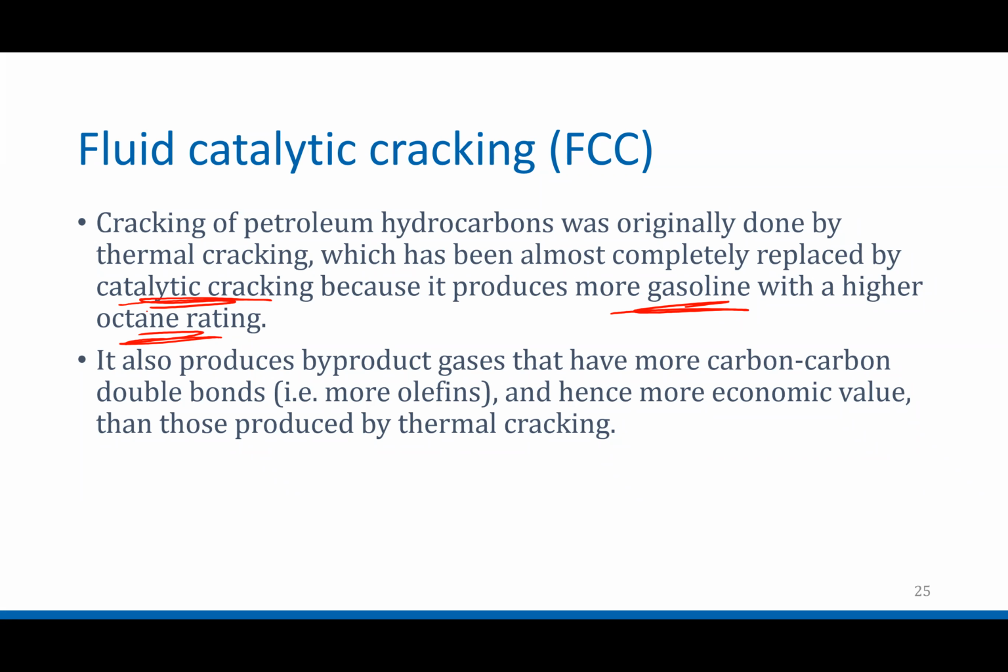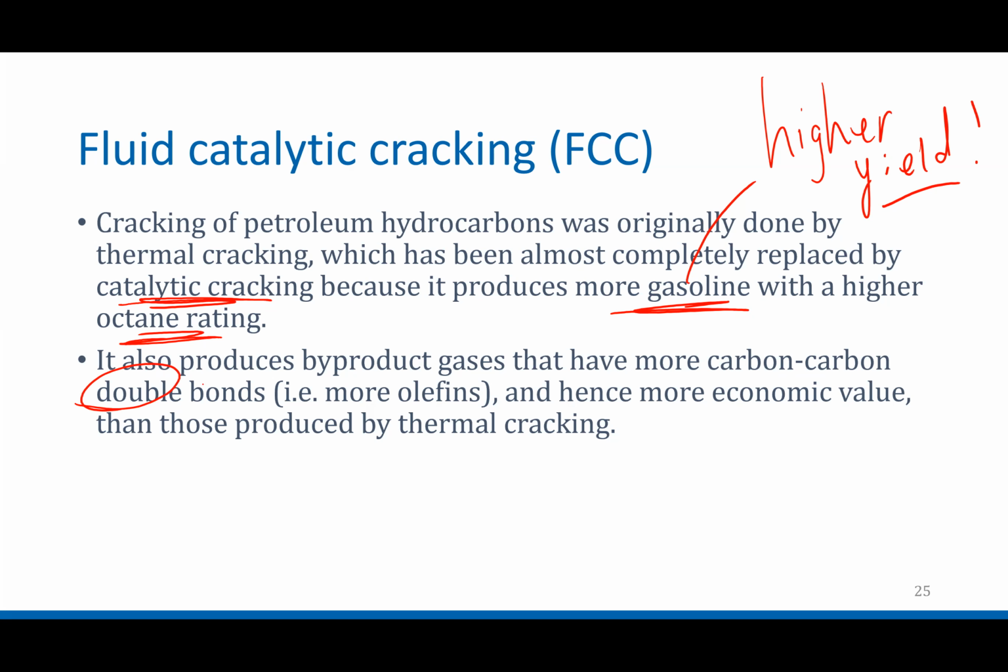In chemistry, we would call this a higher yield. I don't know if you remember that term from Chemistry 1120, and you get a better rating. Another reason you would use catalytic cracking is it produces byproducts that have more double bonds.